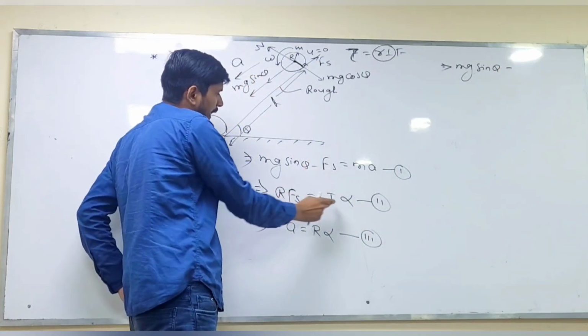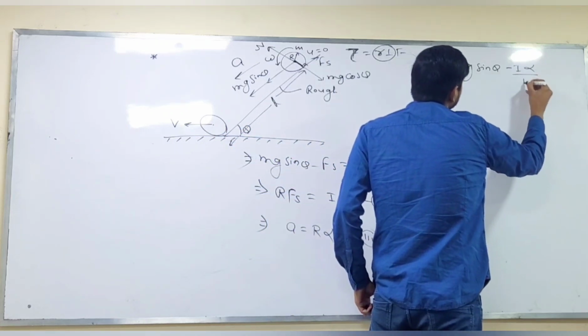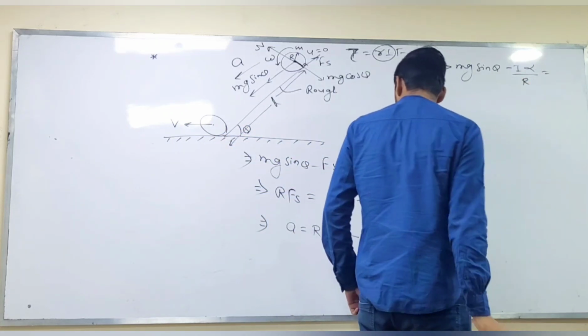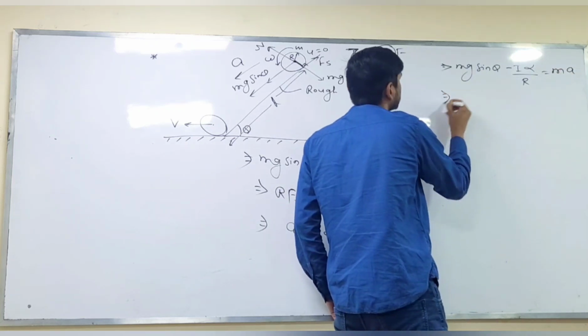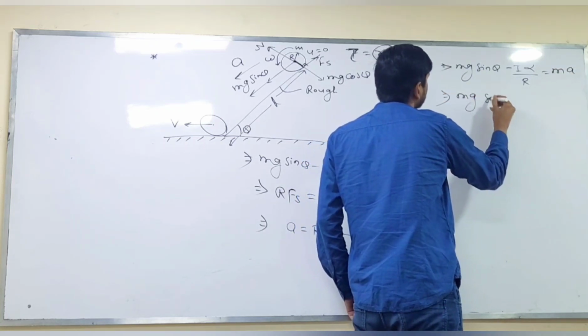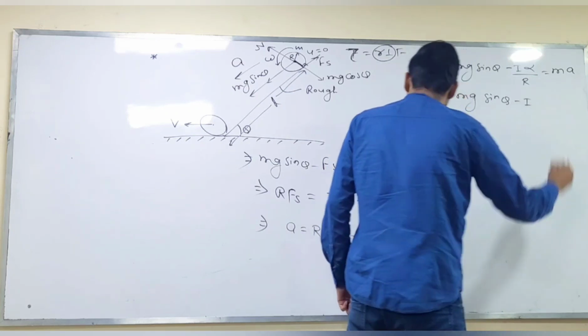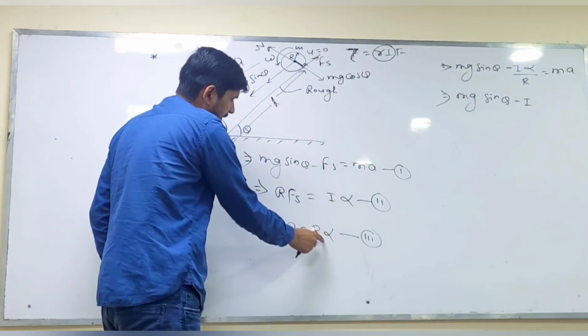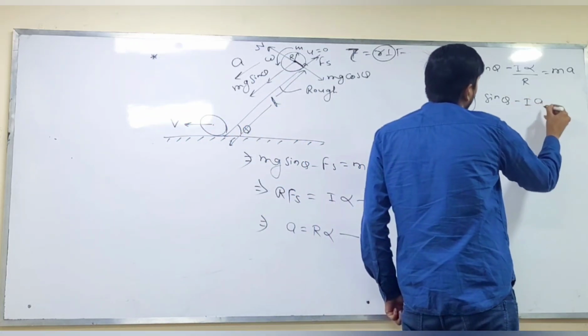Friction is equal to I alpha upon R, and this is equal to mass into acceleration. Alpha can be taken as a upon R from the third equation.